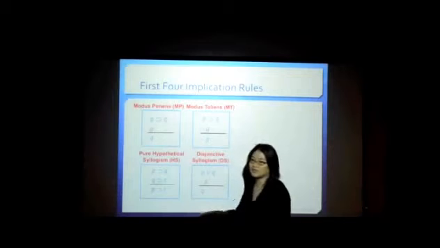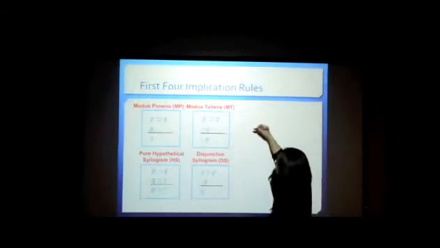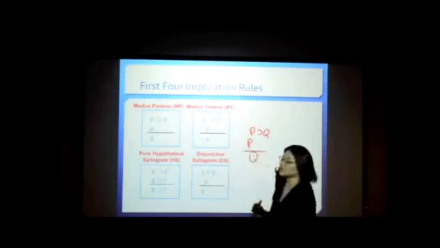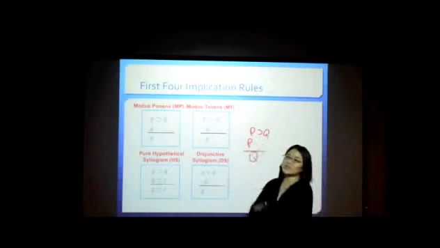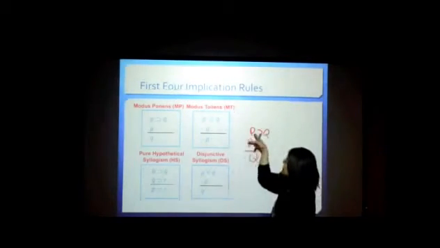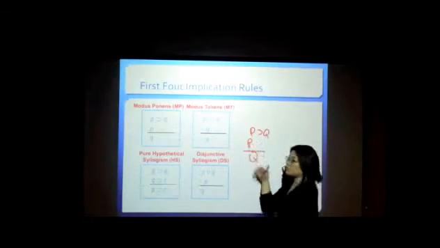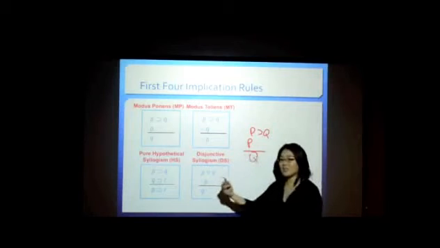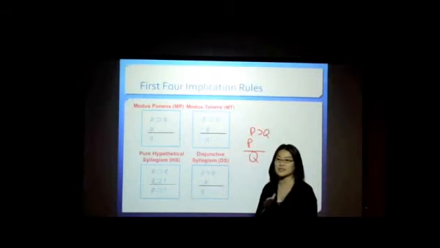Well, consider this. Let's say we have modus ponens: if P then Q, P, so Q. Given these premises, if P then Q, and P, we can conclude Q. But what makes it possible for us to conclude Q based on these two premises?